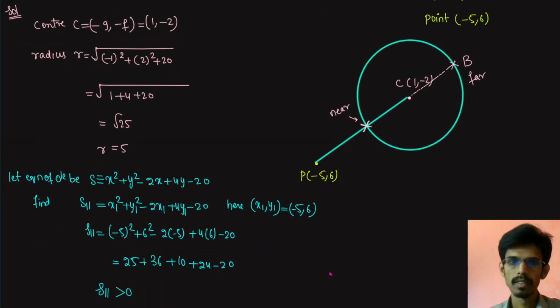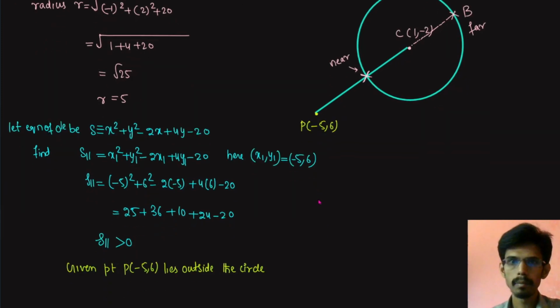Now let me find the slope of this line CP. We know the 2 points. I am finding the slope of CP or PC.